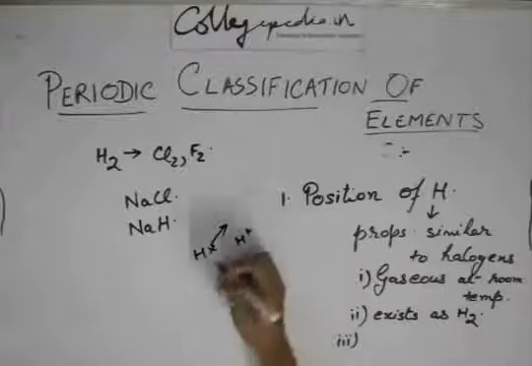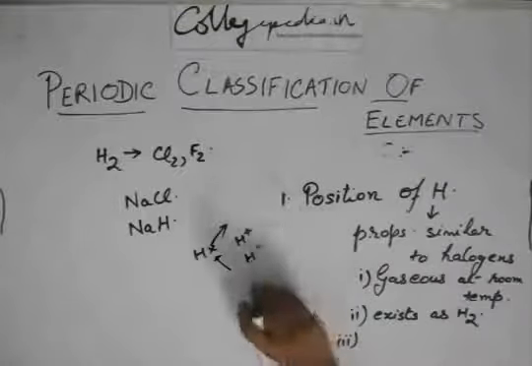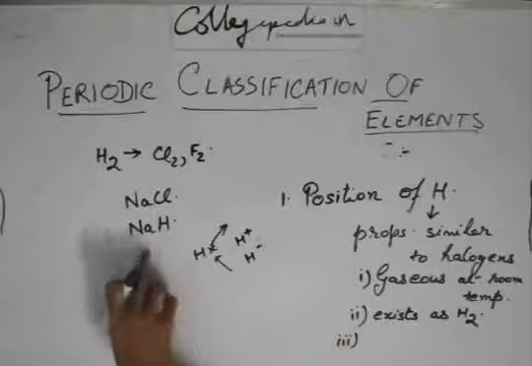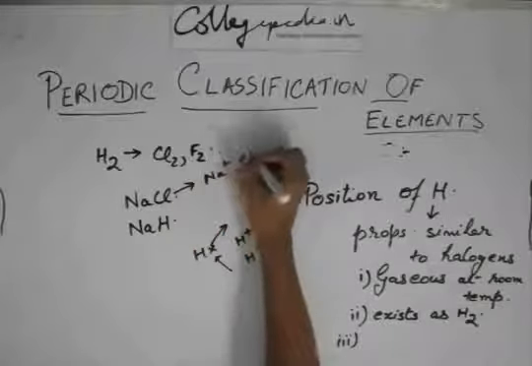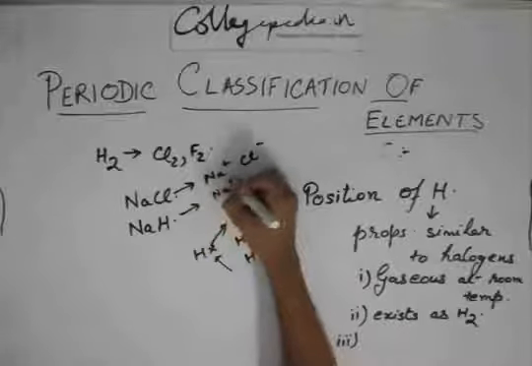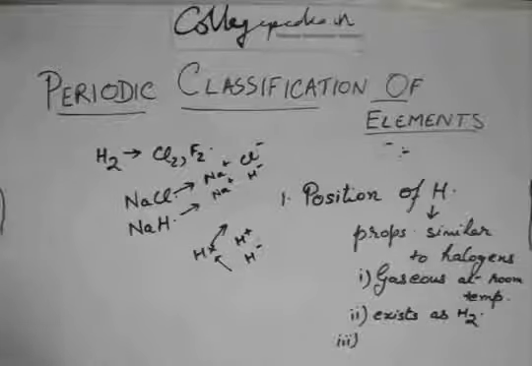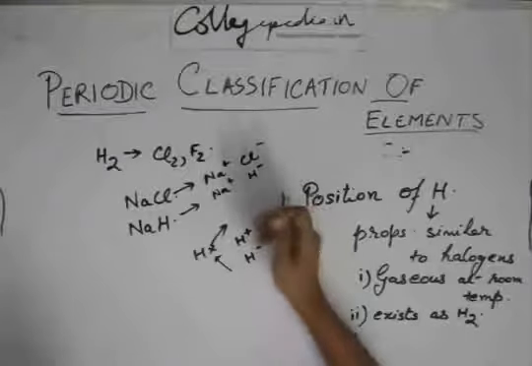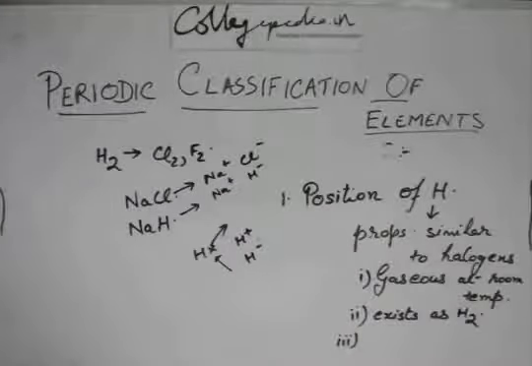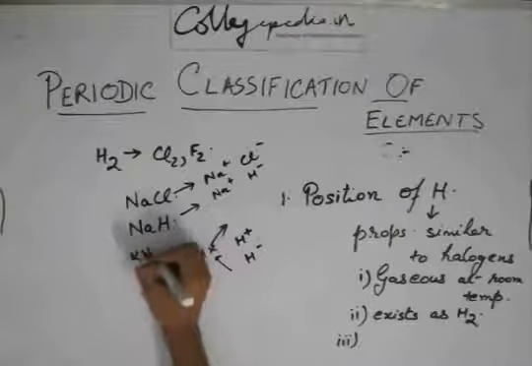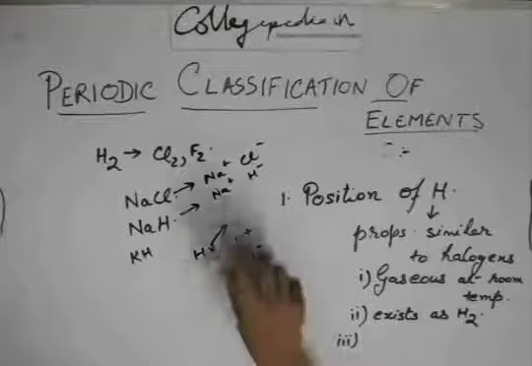But it can also take one electron and become H minus, and it really does. In NaH the same thing happens. Here it is Na plus and Cl minus; there it is Na plus and H minus, because H minus is stable, it has 2 electrons. So Na plus and H minus can form NaH, and similarly we have KH, like KCl and KBr.